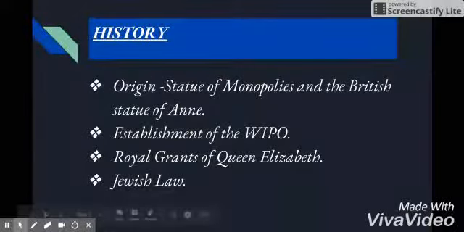The history of patents does not begin with inventions but rather with the royal grants by Queen Elizabeth for monopoly privileges. The Jewish law also includes several considerations whose effects are similar to those of modern intellectual property.